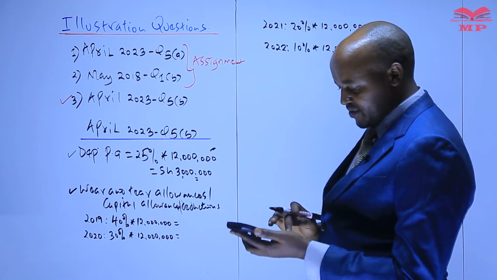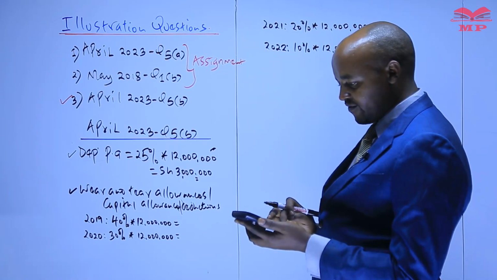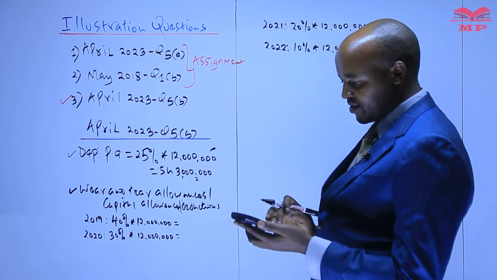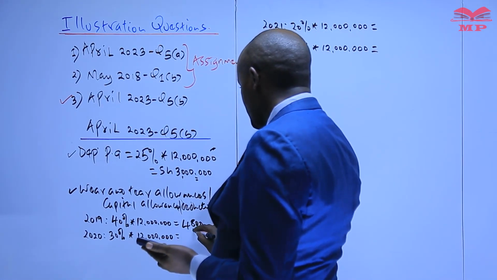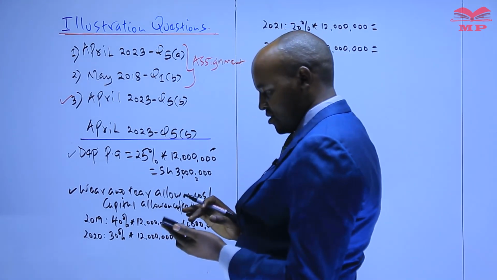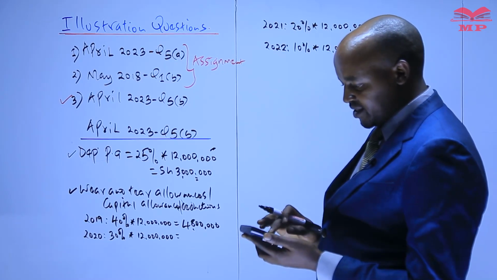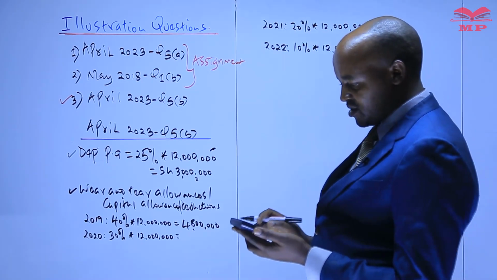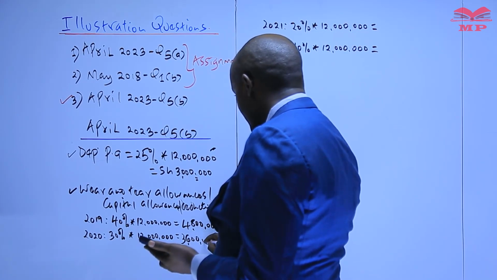So the capital allowance for the first year is 40% of 12 million, and that will give us 4,800,000. In year 2, it is 30%, which will give us shillings 3.6 million.